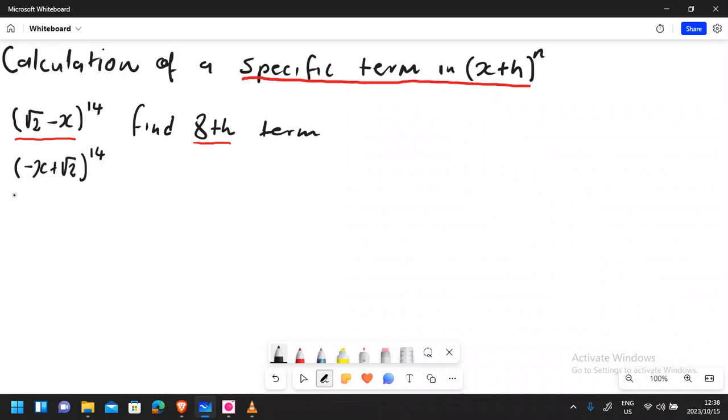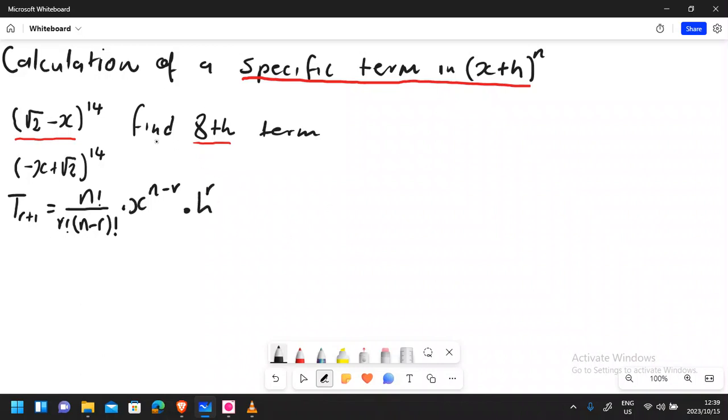The formula goes like this: T of r plus 1 equals n factorial over r factorial times (n minus r) factorial, multiplied by x to the power of n minus r, multiplied by h to the power of r.